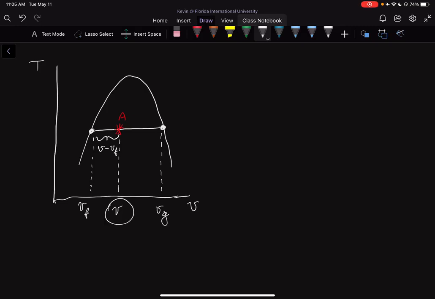So we can start with total volume. And we can say that total volume is equal to V liquid plus V vapor, right?